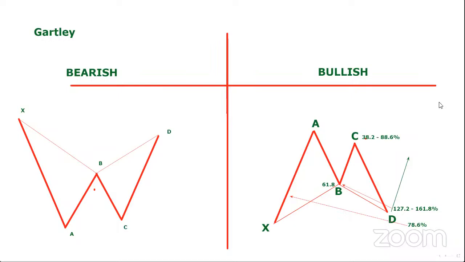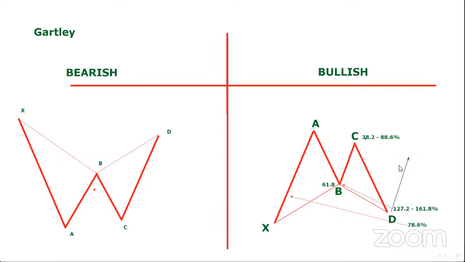So the red lines on these patterns show the 4 price moves of the chart patterns, and the green writing is all about the percentage values that show retracement relation between each of these levels.